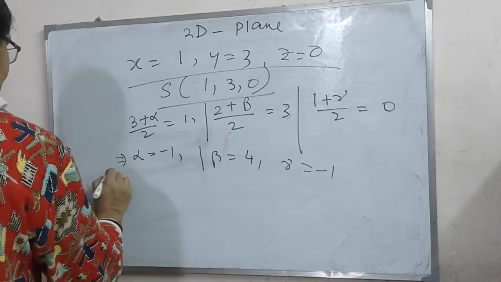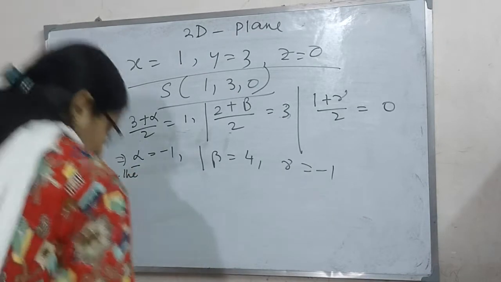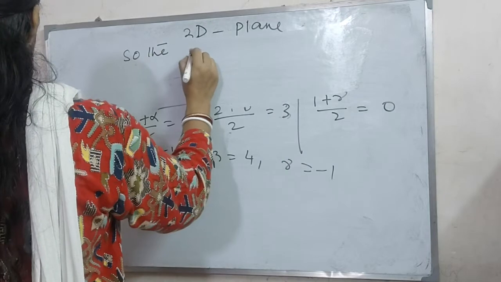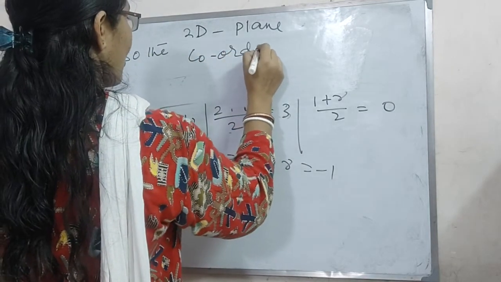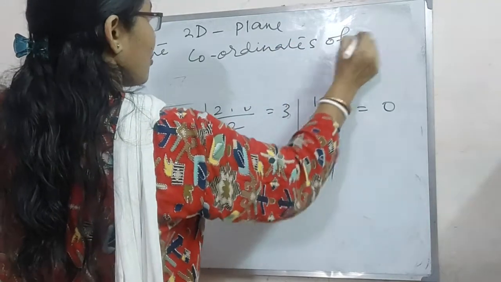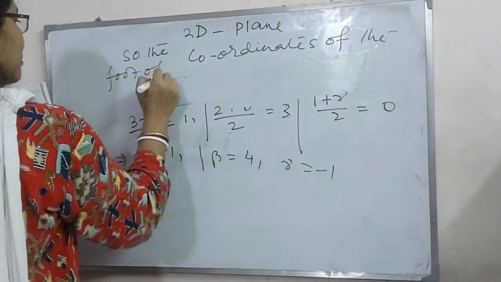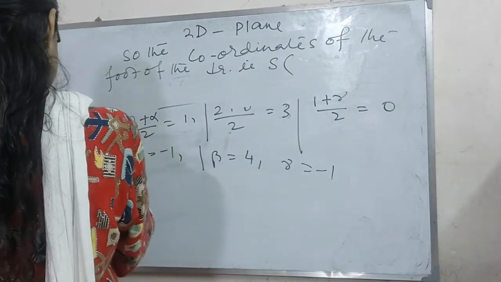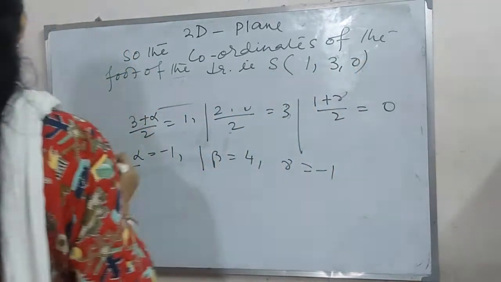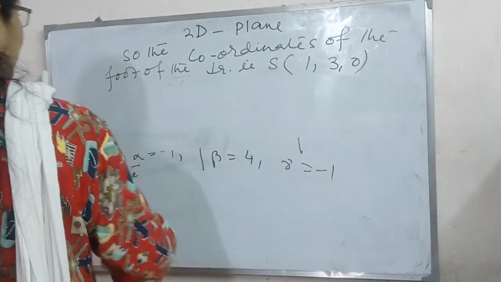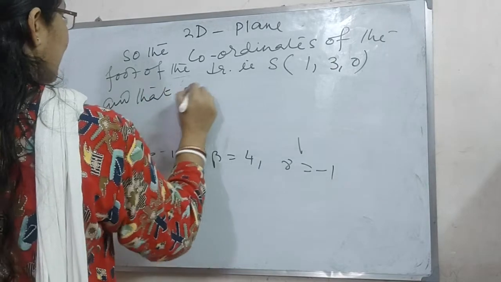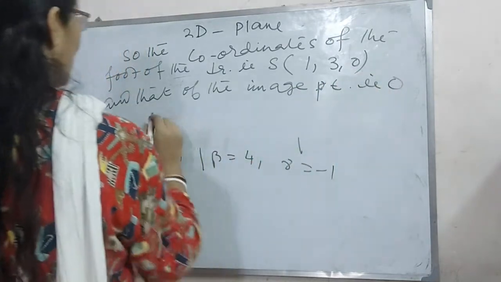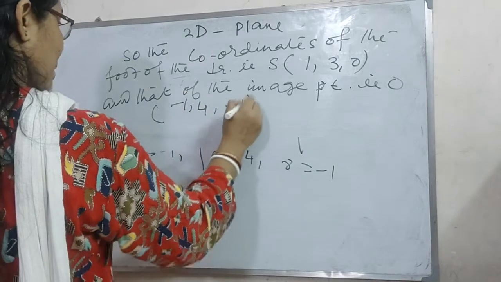So from here I can write the coordinates of the foot of the perpendicular, that means the coordinates of S, (1, 3, 0), and that of the image point, that is O, are (minus 1, 4, minus 1).